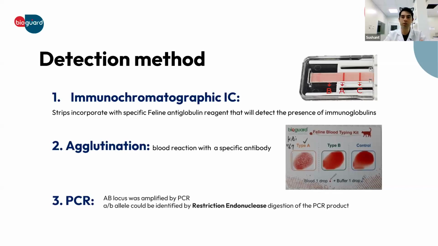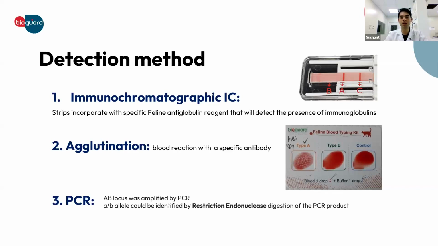So once you select the particular locus of A and B, you can find the primers and amplify those segments of the genome where the A or B loci are present.